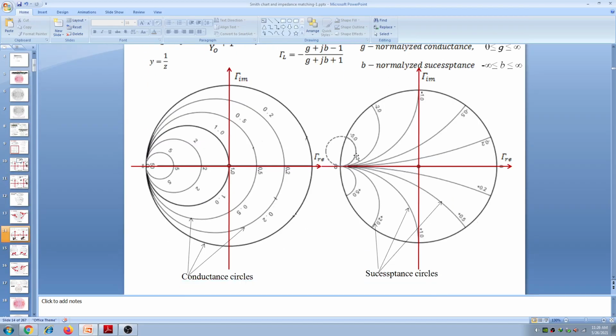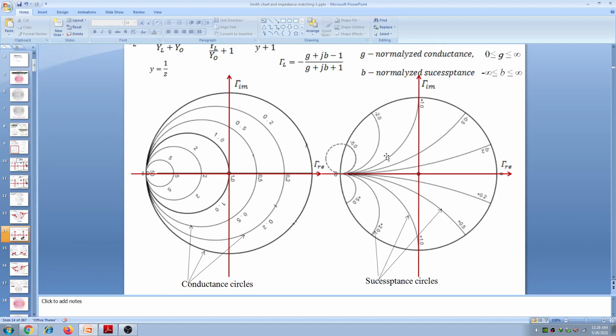Like this, B equal to minus 5 circle, B is minus 2, B is minus 1. So above are negative B circles. Opposite to reactance, the susceptance circles are above here.